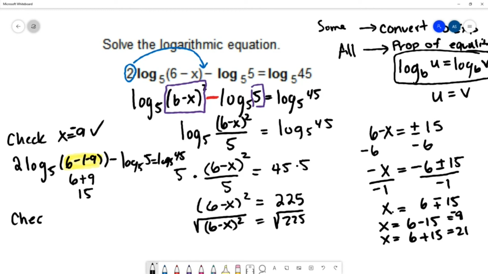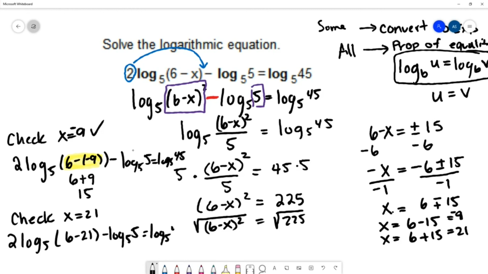And then we're going to check the other one. Let's check 21. And that would give 2 log base 5 of 6 minus 21 minus log base 5 of 5 equals log base 5 of 45.